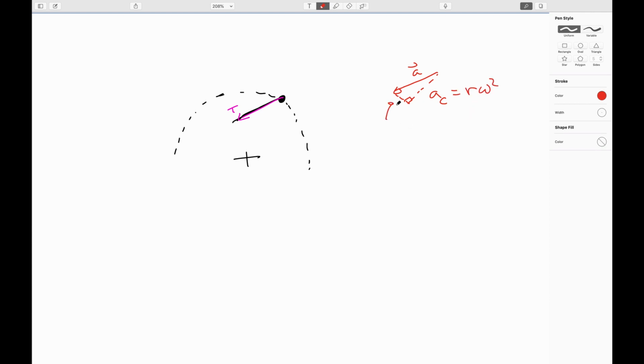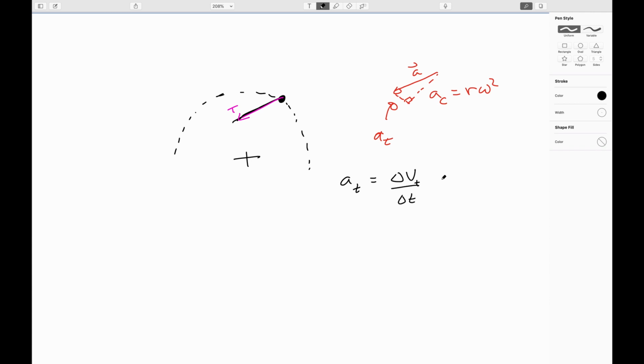But now there's this new piece here, the tangential acceleration. So this piece here was just responsible for changing the direction of motion. This piece here is responsible for speeding it up. So we can follow that through to get what it is. So the tangential component of the acceleration, a sub t, would be the change in the tangential speed with respect to time.